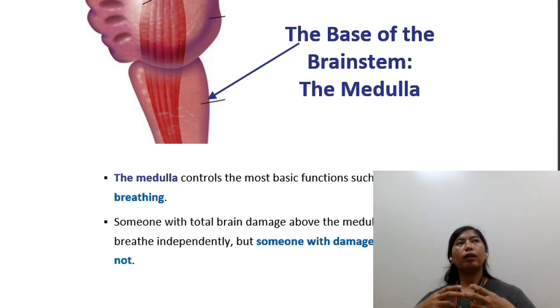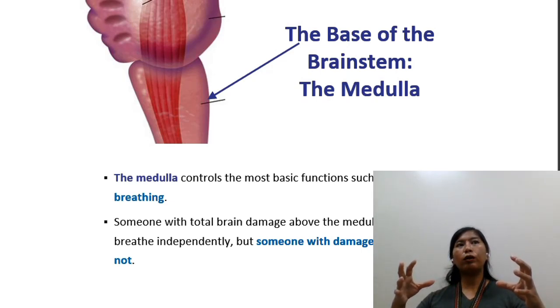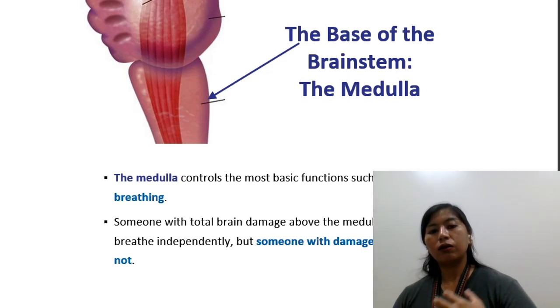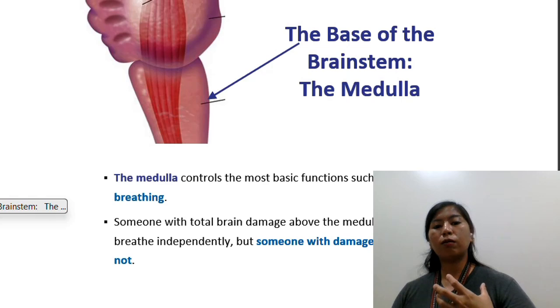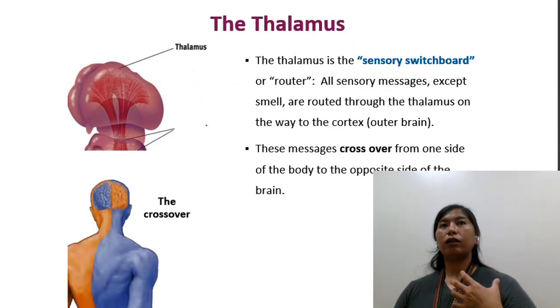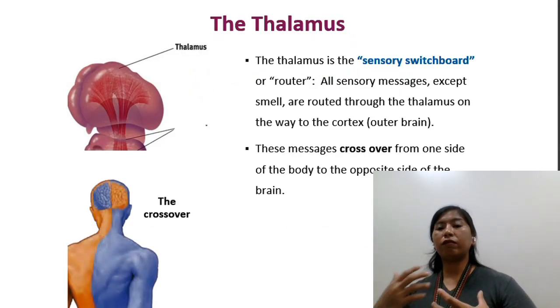In case it's no longer working, it has to be artificially assisted by a machine to help the lungs contract and expand in order for the oxygen to come in and supply our cells. So it is very crucial if someone would have a damage in their brainstem because it supplies the very basic function in our basic vital signs.